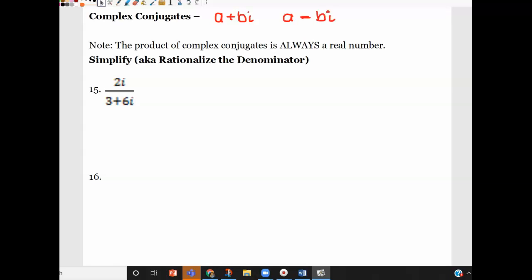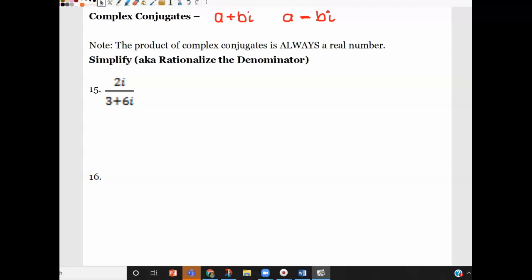It is different than the additive inverse in that the a value isn't changing. Only the complex part of the problem. So it's different from an additive inverse. The product of a complex conjugate will always be a real number.